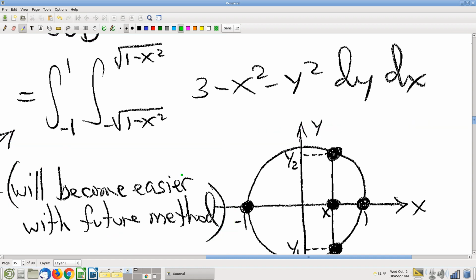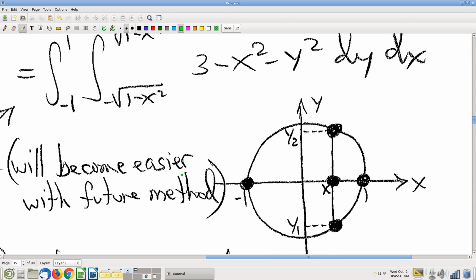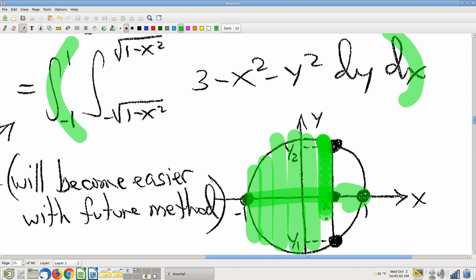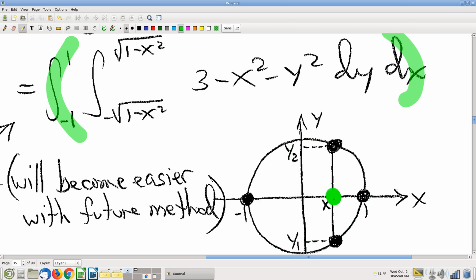Do you remember how you found the bounds? Yeah, okay, so that's looking at the domain here. Right, here's our domain. I have x going from -1 to 1, right, because this is what my x slices look like, and that's a unit disk. And then for some value of x between -1 and 1, my upper and lower bounds are determined by these 2 points.